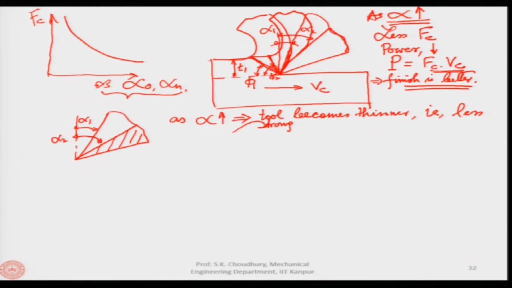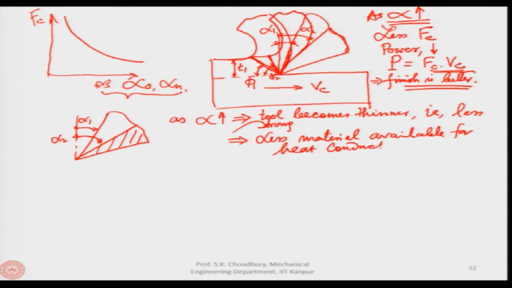That is one reason, and another reason is that as the tool rake angle increases, the material available here will be less, which means less material is available for conduction of heat.